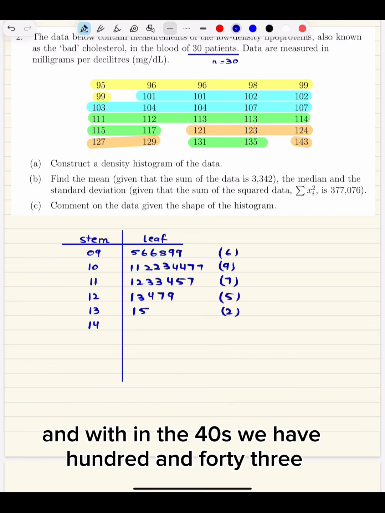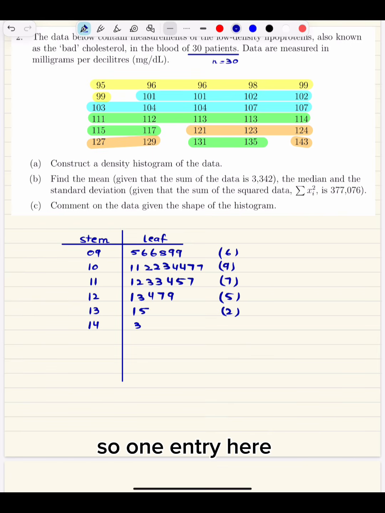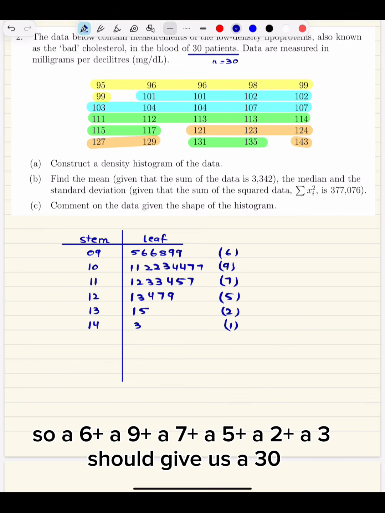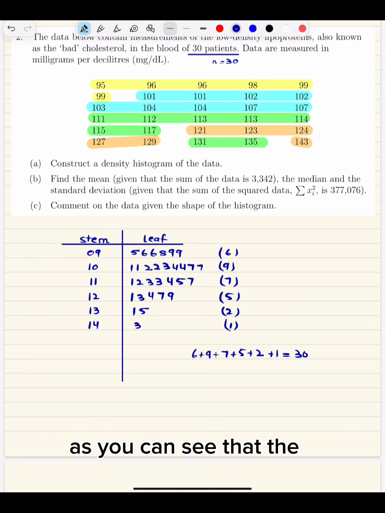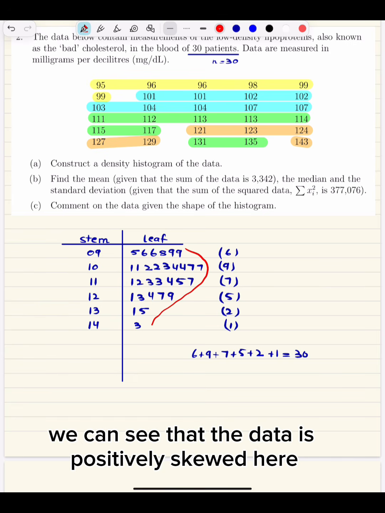And in the 40s we have 143, so 1 entry here. So a 6 plus a 9 plus a 7 plus a 5 plus a 2 plus a 1 should give us 30. As you can see, the data is positively skewed here.